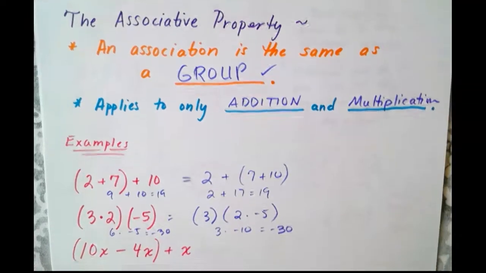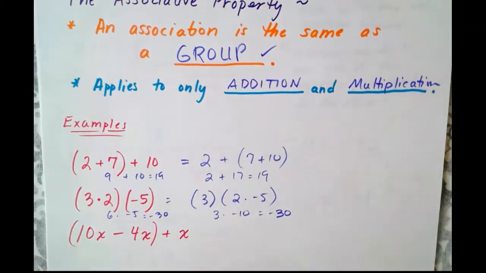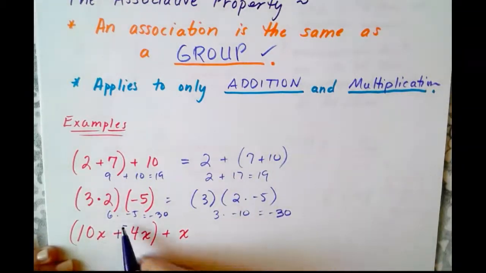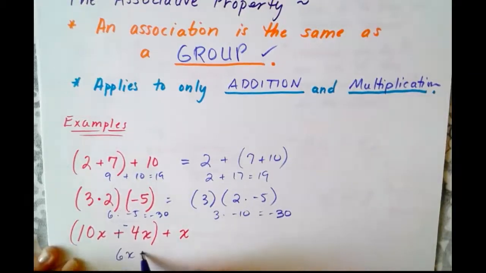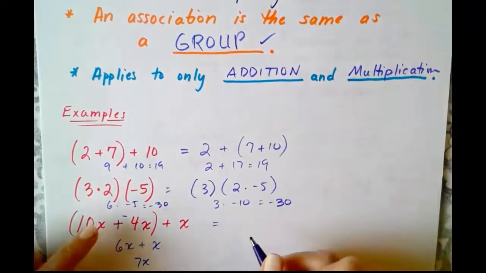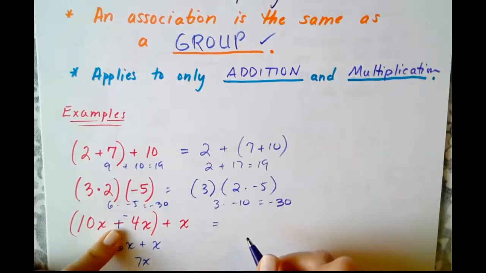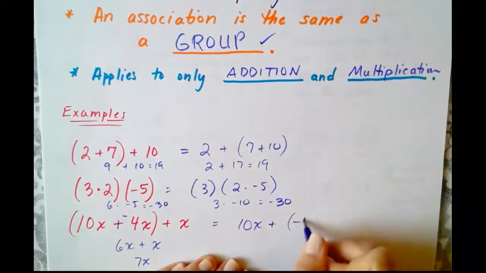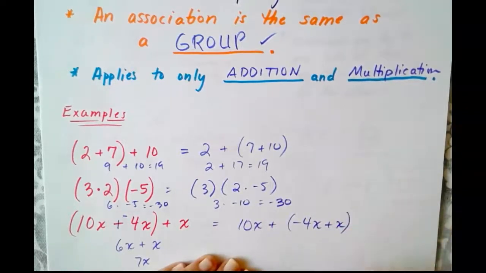Again, another reminder that a subtraction can always be changed to addition by rewriting this as plus negative 4, addition of the opposite, which would allow us to now change the groupings. So this would be 10x plus negative 4x, which would be 6x, plus x, which would be 7x if I simplify here. If I change the grouping, noting that once again this is now addition, this would be 10x plus negative 4x plus x.